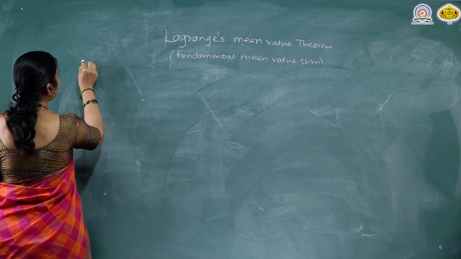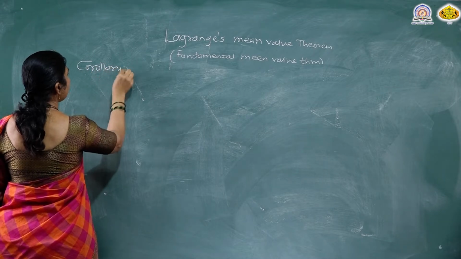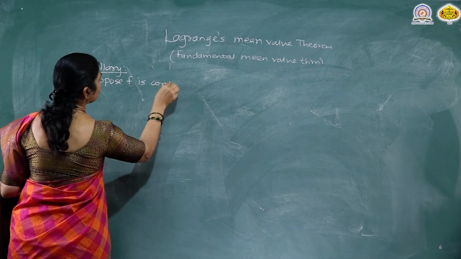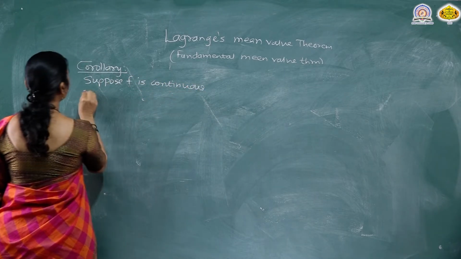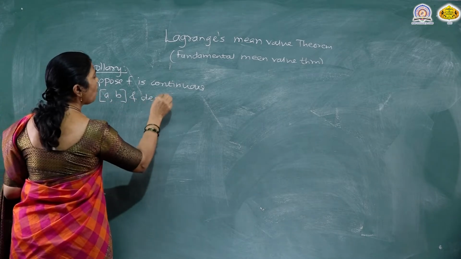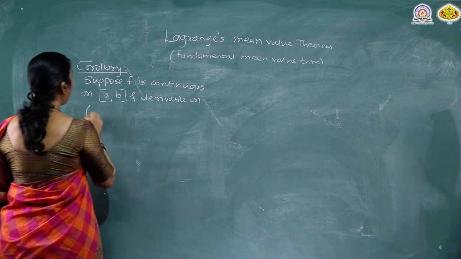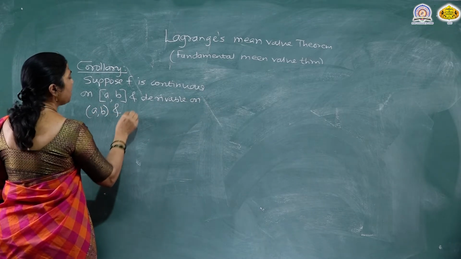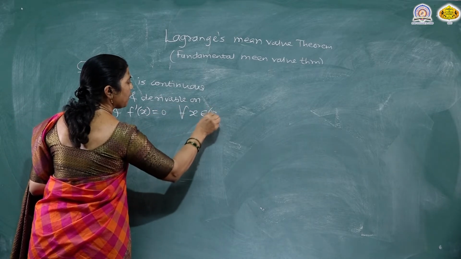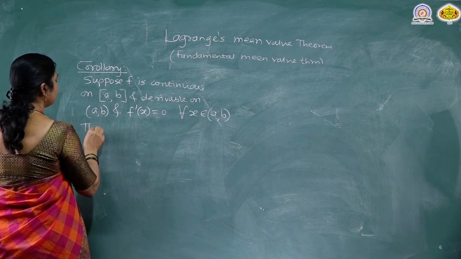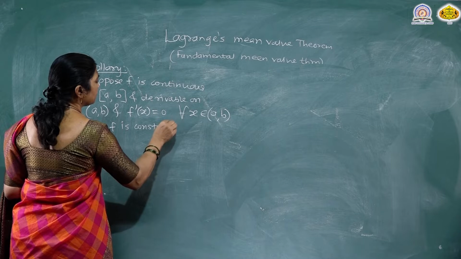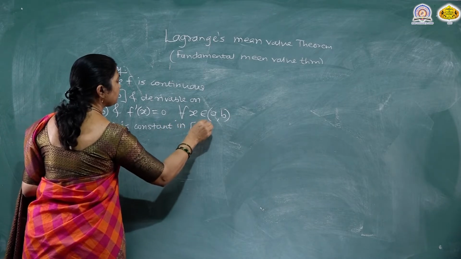The theorem, or it may be seen as a corollary, says that suppose f is continuous on the closed and bounded interval [a, b] and derivable on the open interval (a, b), and if f'(x) is equal to 0 for all x belonging to (a, b), then f is constant in the interval [a, b].